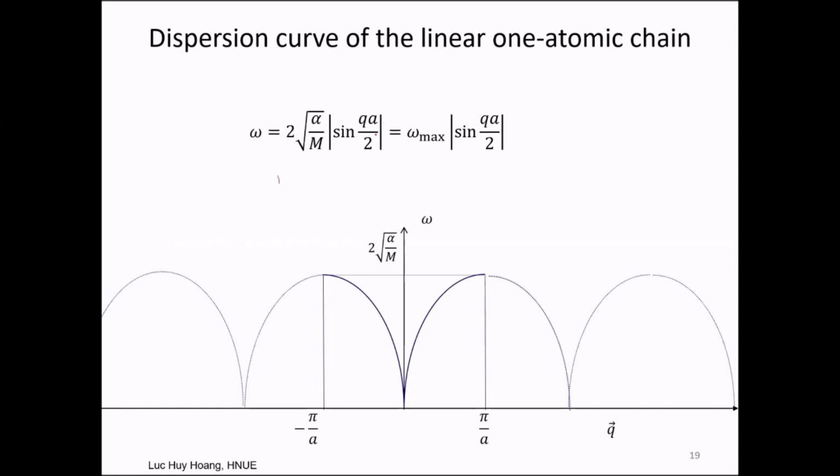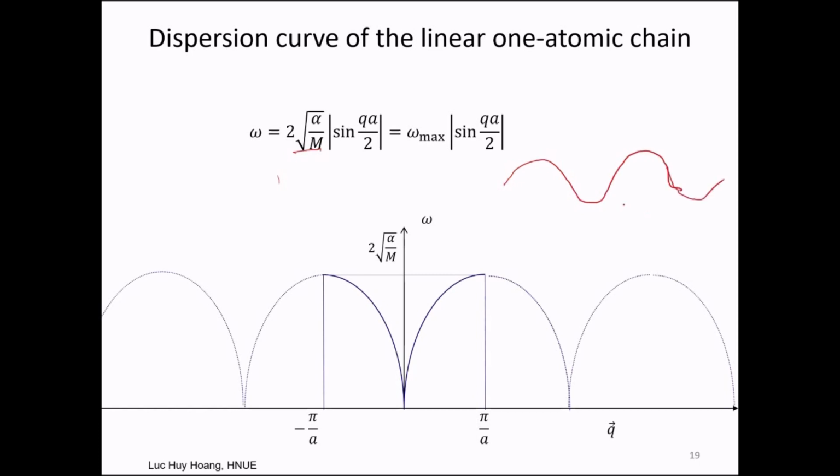Dependence of omega on Q. And you see that we write the equation omega max is 2 times the root of alpha over M, with the modulus of sine of Qa over 2. And to describe the sine, I try to draw here. The dependence of sine is like this, right?